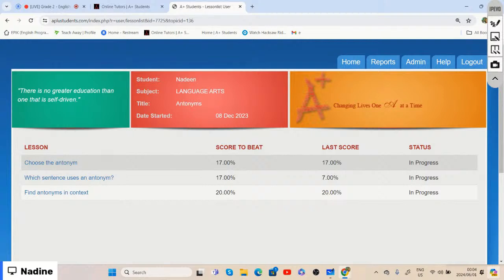And then we are going to scroll down until we get to the chapter of antonyms.